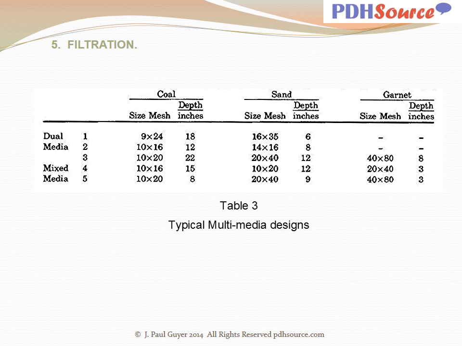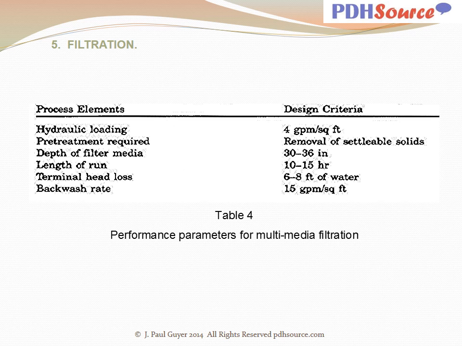Table 3 indicates typical multimedia designs employing coal, sand, and garnet of the different sizes and meshes indicated. Table 4 provides performance parameters for multimedia filtration. Hydraulic loading, typically 4 gallons per minute per square foot.